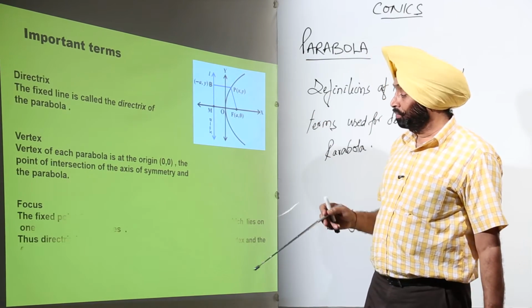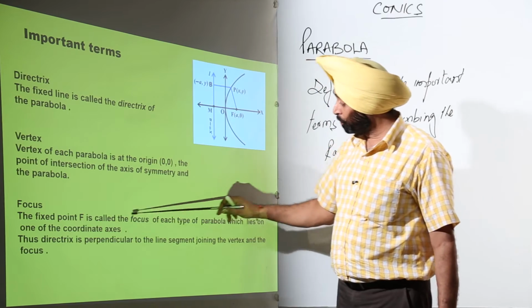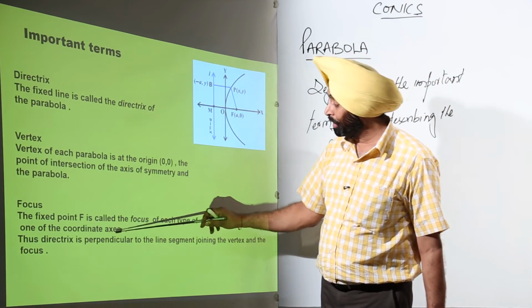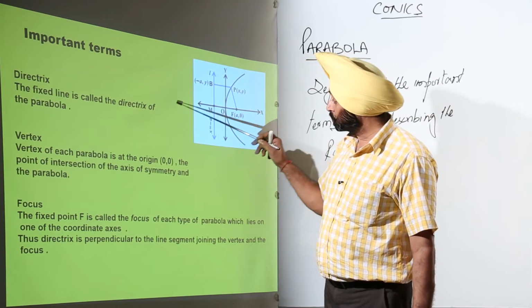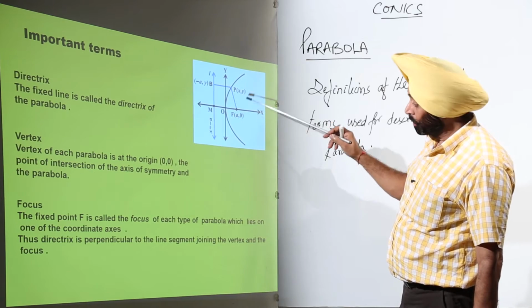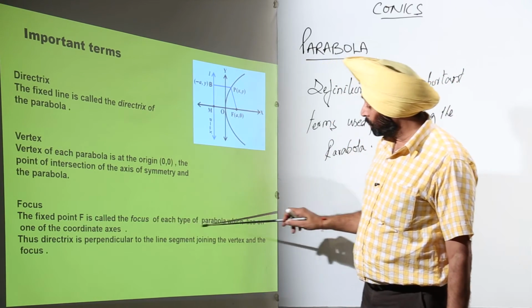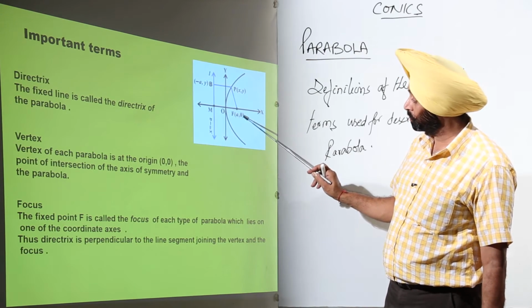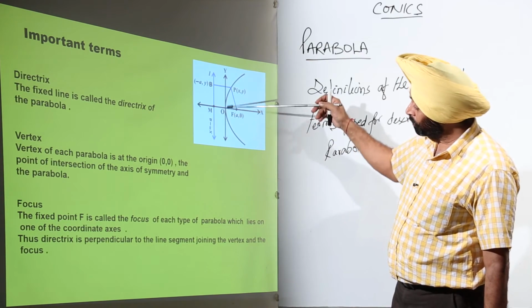Then focus. The fixed point F is called the focus of each type of parabola which lies on one of the coordinate axes. So this is a coordinate axis, the axis of symmetry. This is a point F. Now we have taken F as a focus, and I have mentioned its coordinates, that is (a, 0). Now you can just check it.